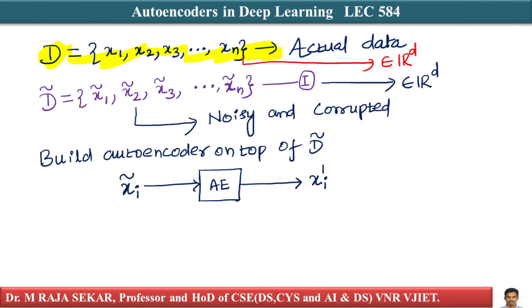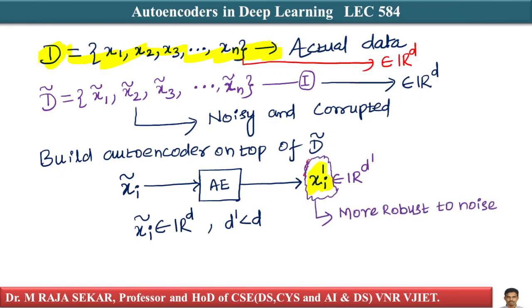Now the representation that you get here is xi dash. Your xi dash belongs to R power d dash, and it is more robust to noise, isn't it?